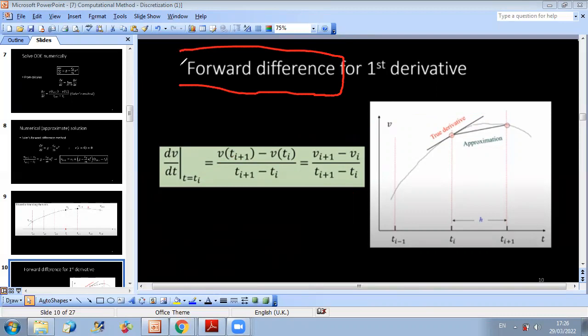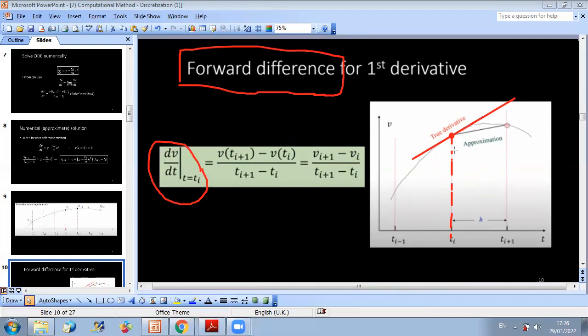And as I told you, in forward difference, when you want to compute the velocity at a certain time, you know that when you do dv by dt mathematically, this represents the slope of the tangent line to the curve. So if I draw the tangent line to the curve, then dv by dt represents the slope of this line. Now, what is the idea of forward difference?